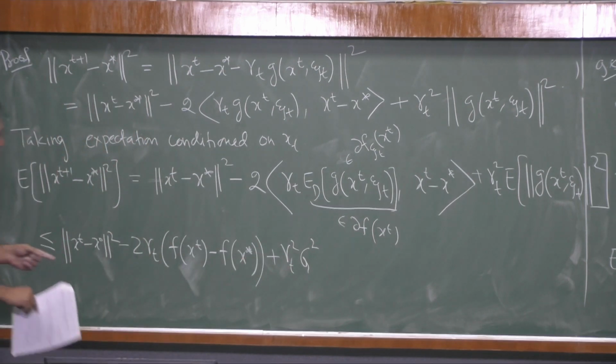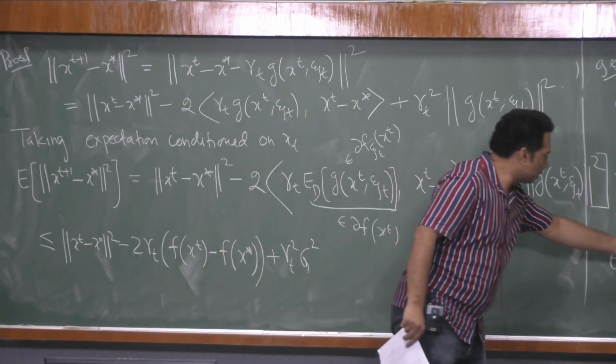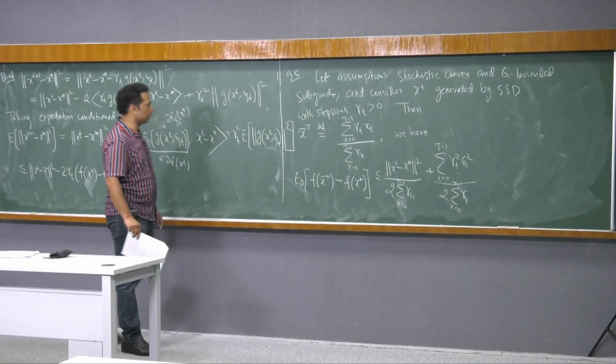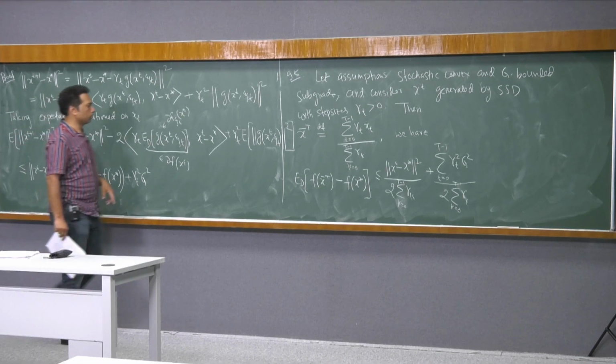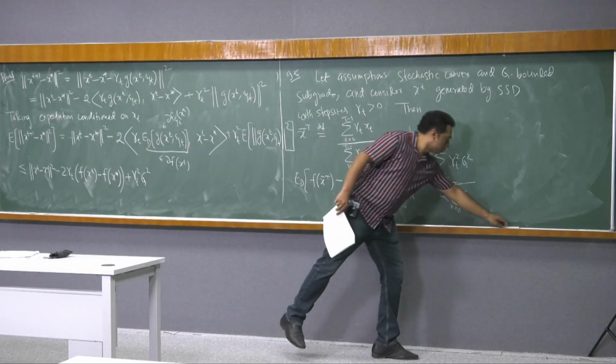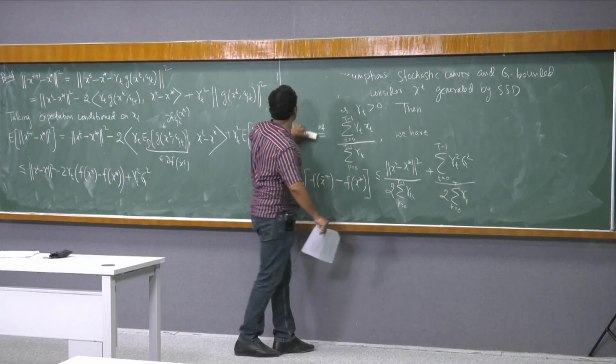So we have this f term on the left hand side. This is the rearrangement that we will do. We will take the f on the left hand side, and then everything else on the right hand side, and do some rearrangements to get the answer. So that's a small step.